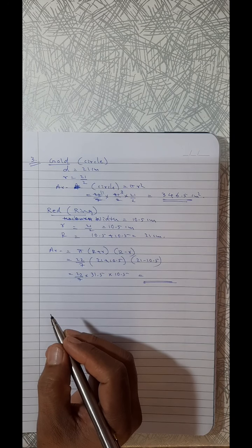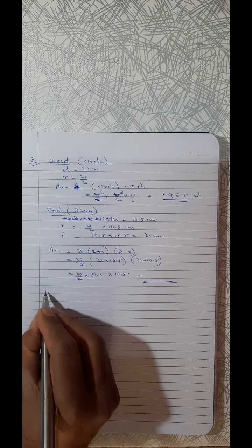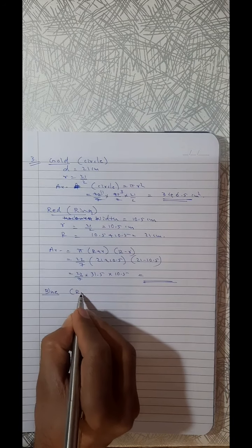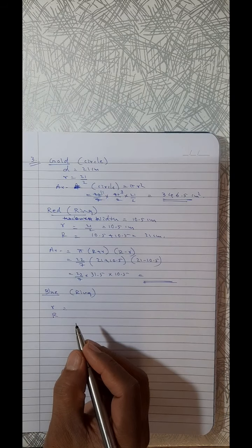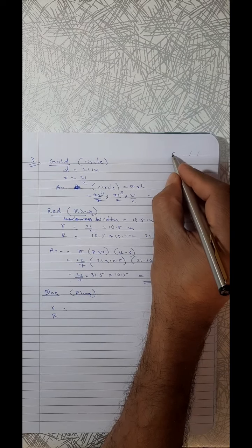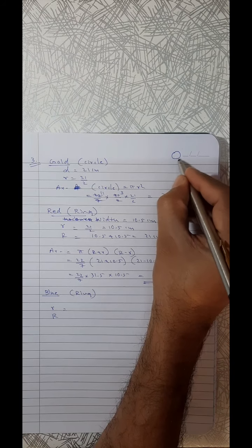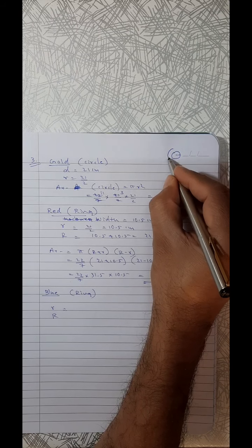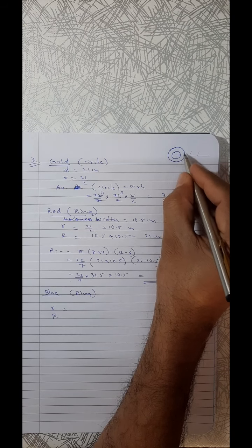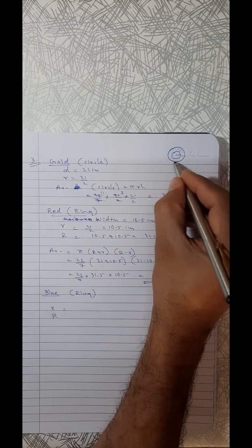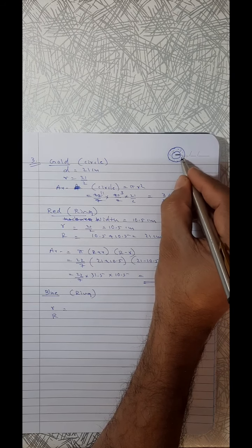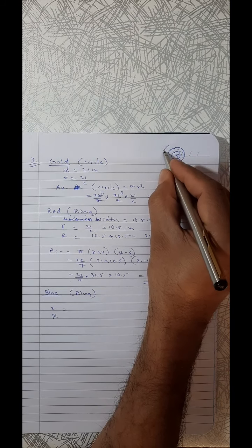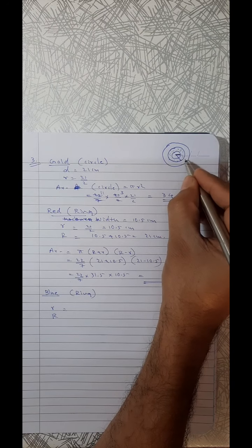Now, after red, next is blue. Blue again is a ring only. Small r, capital R. Small r means what? First there is a golden part, radius we know. If we add the thickness, we get a capital R. So for the red area, small r is the radius of this circle and capital R means width added. Now the third one means another ring, so this capital R is becoming the small r for this ring.